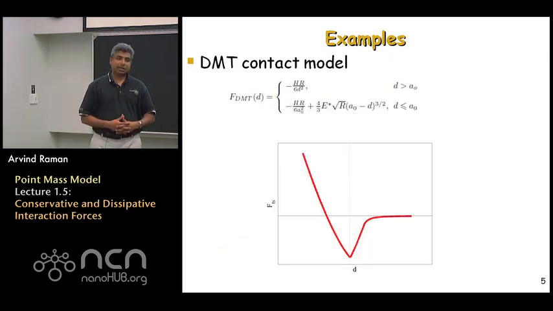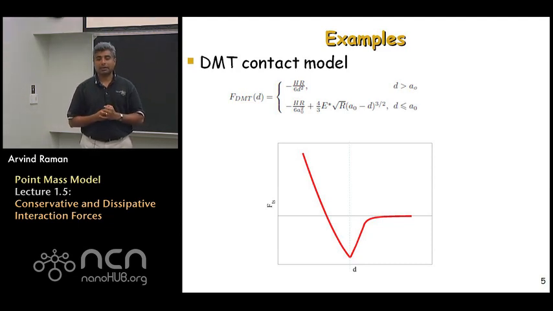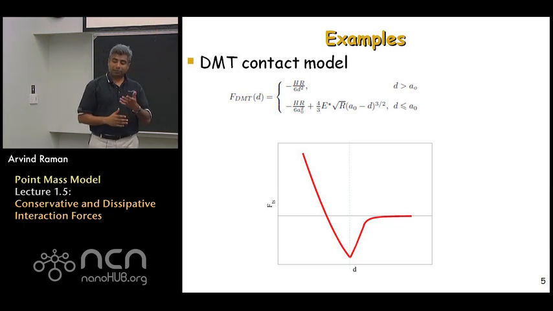Another example that you studied in part 1 was the DMT contact mechanics model, which included Van der Waals forces in the description of the tip sample interaction forces. So in this case, you had this negative force that was increasing as you approach the sample. At a certain point, the force starts becoming repulsive. Through the mathematical description as shown out here, when you're far from a sample, you have Van der Waals forces.